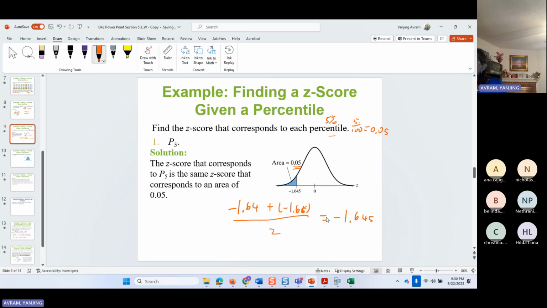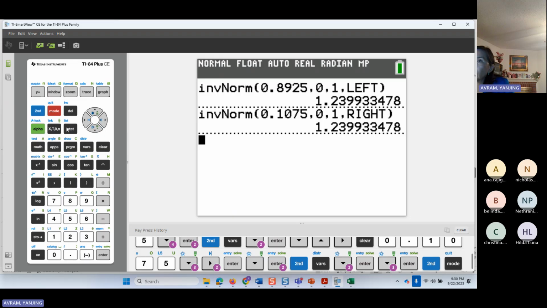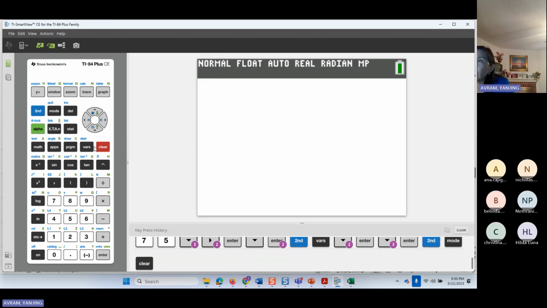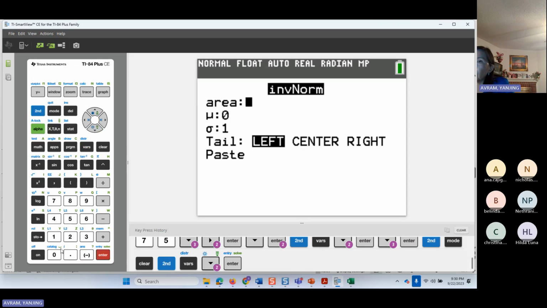That calculation can sometimes be a little challenging. But let me show you one more time how to find this using the calculator. Go to 2nd, distribution, number 3, inverse norm, which finds the Z-score.